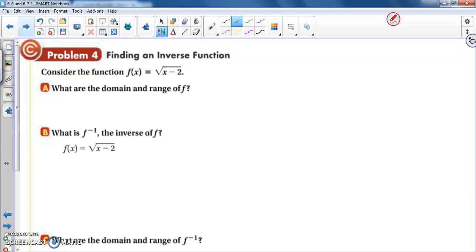Consider the function f of x is equal to the square root of x minus 2. What are the domain and range of f? So the domain is what x values can we plug into the square root of x minus 2. We want to take x minus 2 and have it greater than or equal to 0.